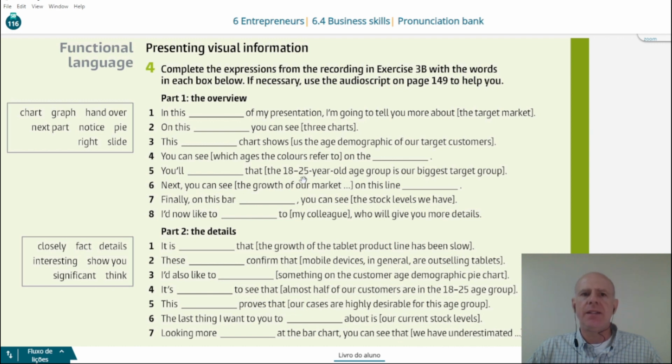You don't say 18 years old age group, because here 18 to 25-year-old is an adjective. It's working as an adjective, and adjectives are singular in English. There are very few exceptions, and it isn't one of them.